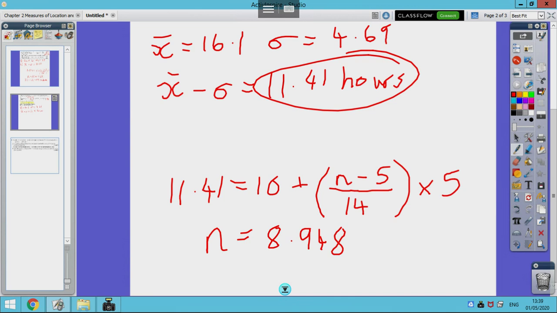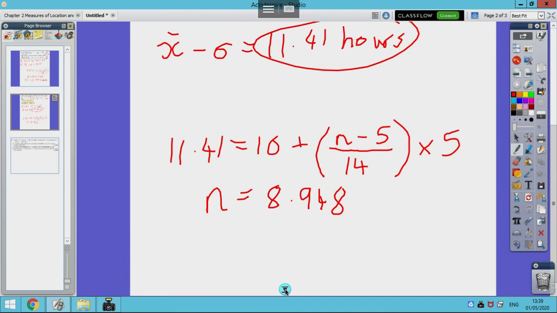Now, you could just stop there and think, well, 10% of 50, because they're saying that 90% lasted longer. I can't remember exactly what they were saying, but basically 90% of 50 would be 45. And so really, you would want this n to be 5, so that it would add up to 50. That really doesn't work out, as 8.948 is obviously larger than 5.